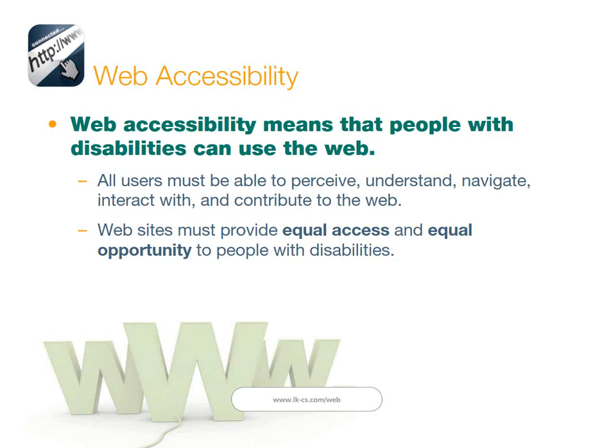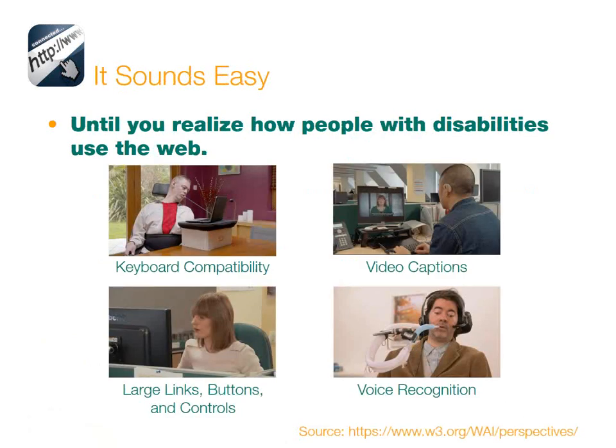There are all sorts of statistics as far as how many people are disabled, but it's actually quite a bit of the U.S. population. I believe the last numbers I saw were that 1 in 12 people were considered to be disabled. So web accessibility sounds easy until we realize how people with disabilities use the web.